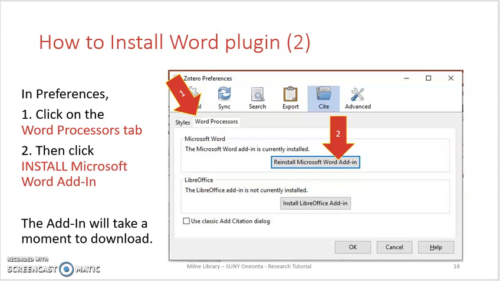In the Preferences box, click on the Word Processors tab and click Install Microsoft Word Add-in. You can see in my example here, I already had it on my computer when I did this tutorial, so mine says reinstall the Microsoft Word add-in. Yours will just say install. The add-in will take a moment to download.